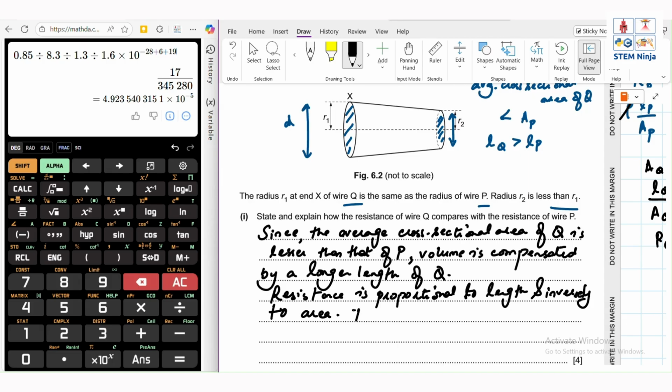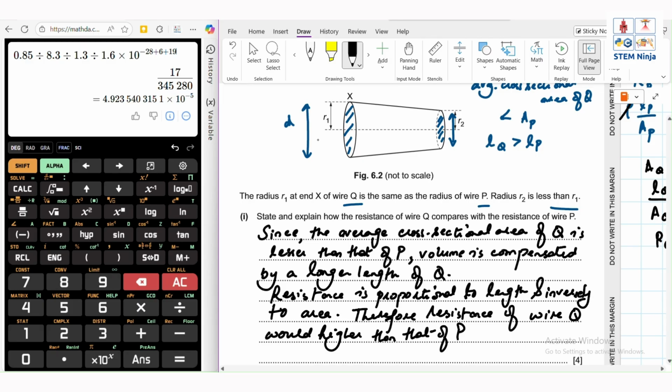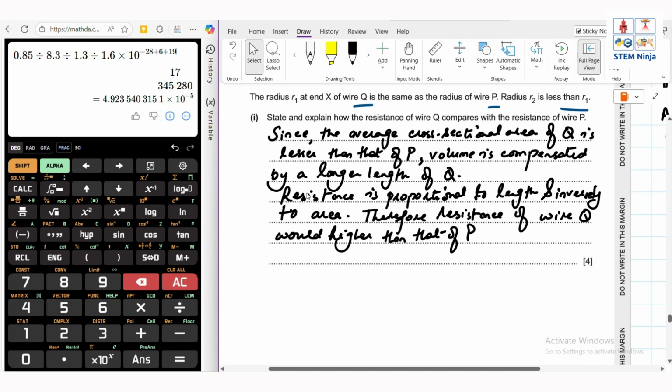So therefore, resistance of wire Q would be higher than that of P. Simple.